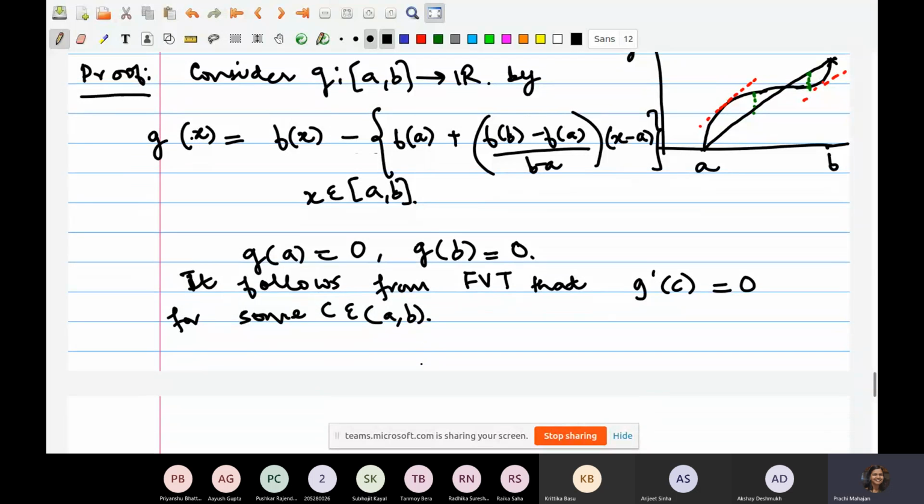But what is the derivative of g at the point c?